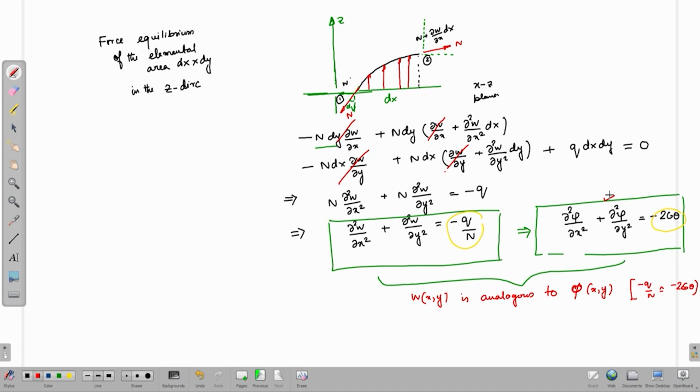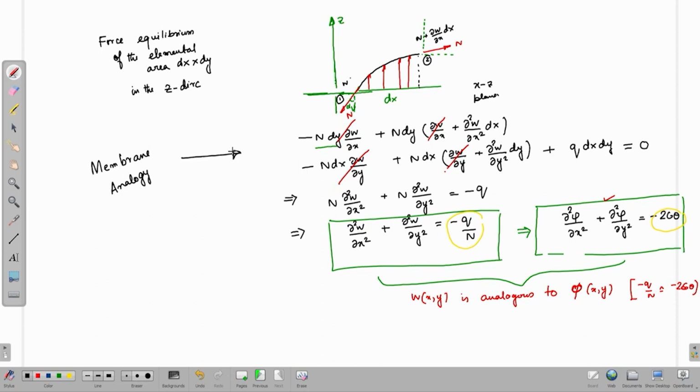We all can visualize how the deformation of a membrane will look, and from that we can imagine or have an estimate of the stress function phi. So, this whole thing is called membrane analogy and is a very useful technique. This whole derivation that we have done and this whole concept is called membrane analogy.